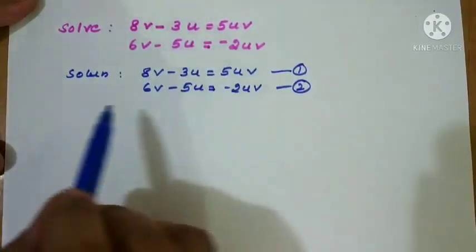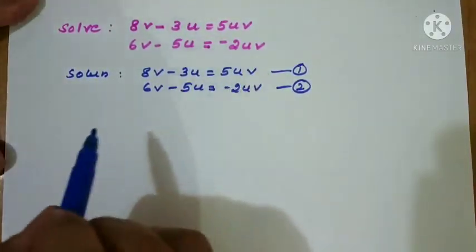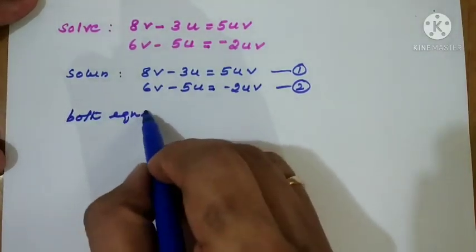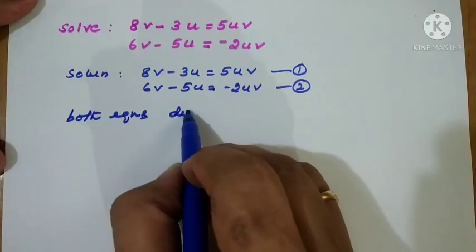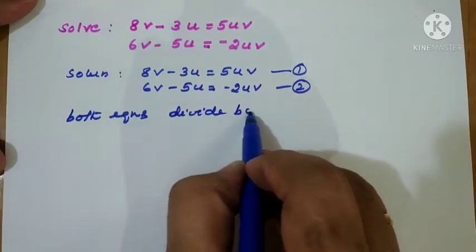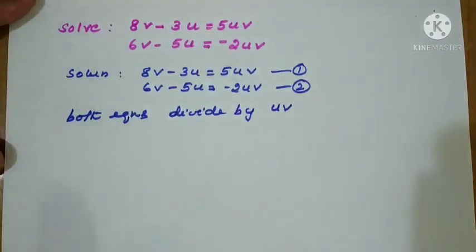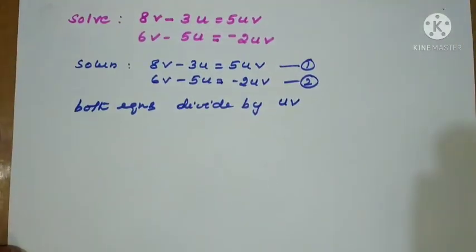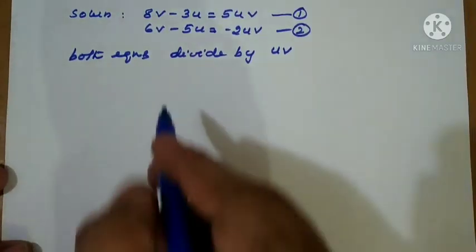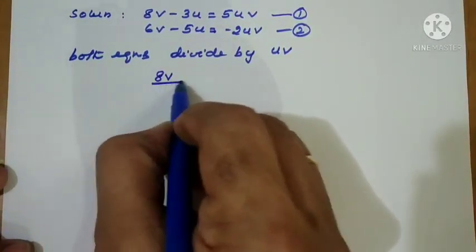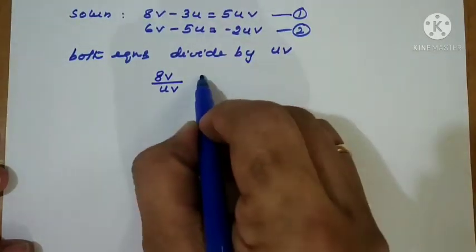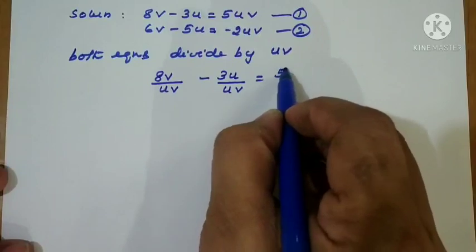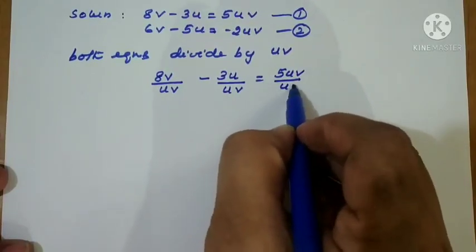Now we divide both the equations by uv. Now let us see, 8v divided by uv, minus 3u divided by uv, equal to 5uv divided by uv.